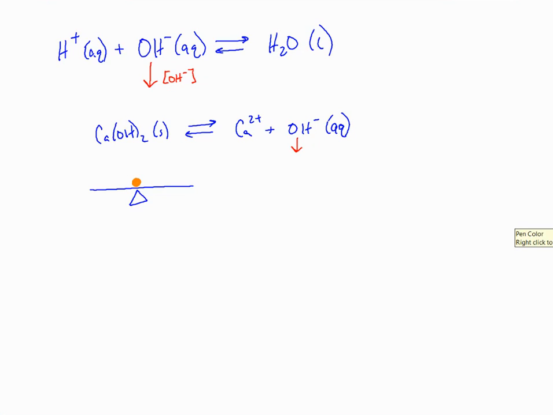Let's think about it. Maybe we've got some supports here that are holding things up. What happens if you start taking these away? If you are decreasing a product, that side starts to go down. And now where's the ball going to go? The ball was here in the middle. The ball is going to start rolling to the right.